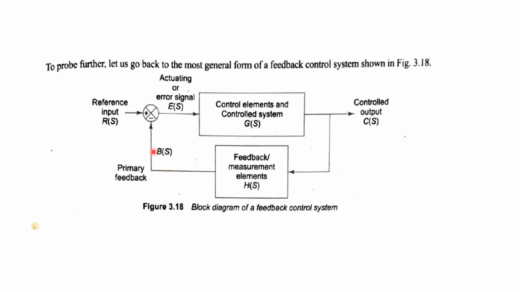C(s) is entering H(s), and B(s) is coming out. B(s) is the feedback signal, the equivalent feedback signal. B(s) is entering the summation point, so it is minus, so R(s) minus B(s) will give you E(s). E(s) is the error signal or actuating signal.